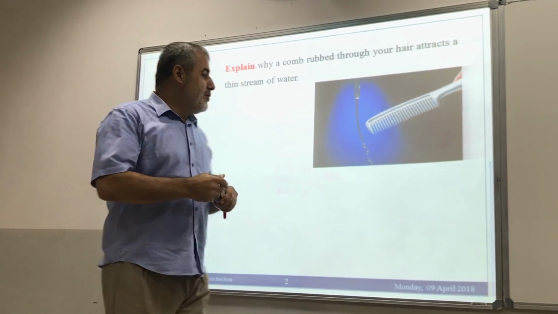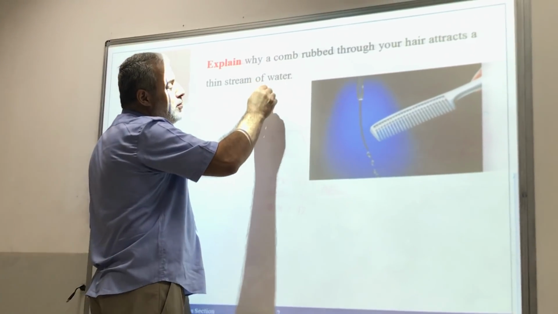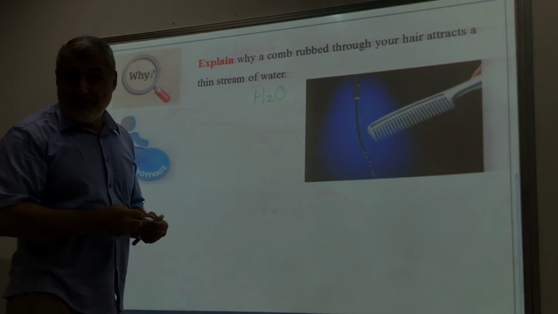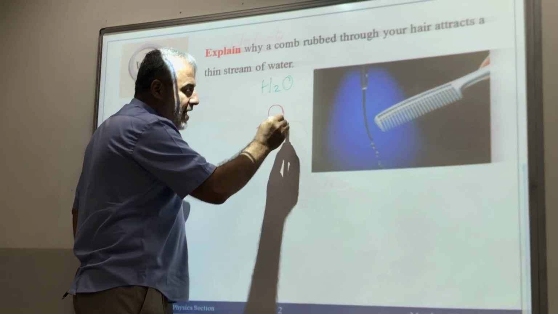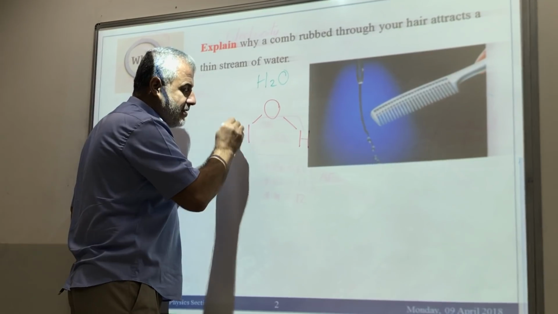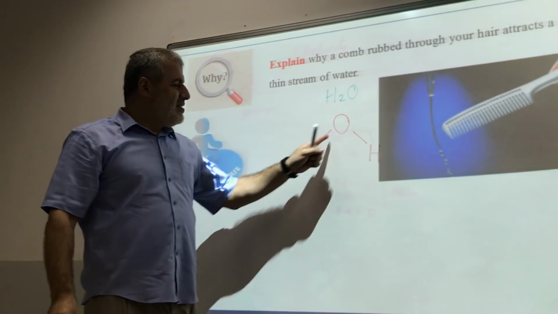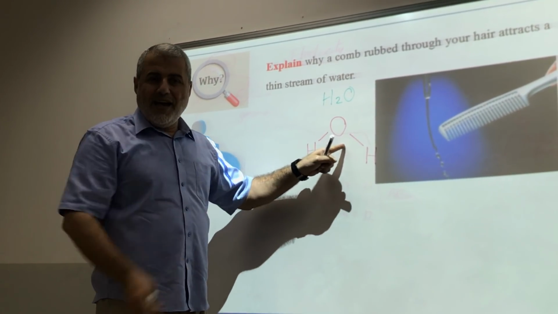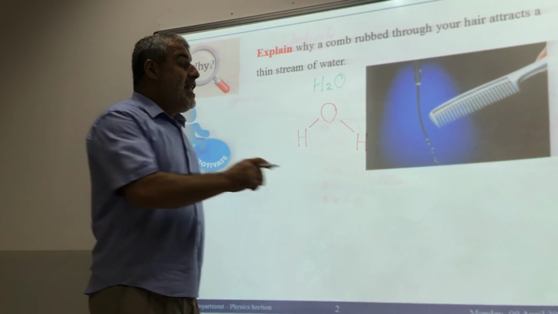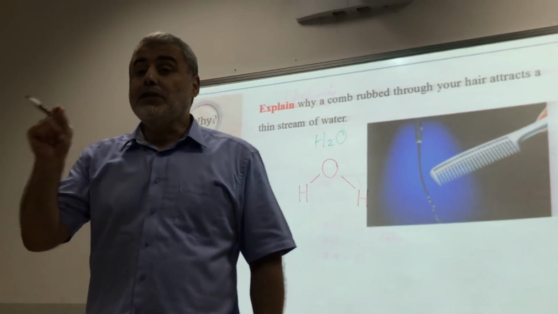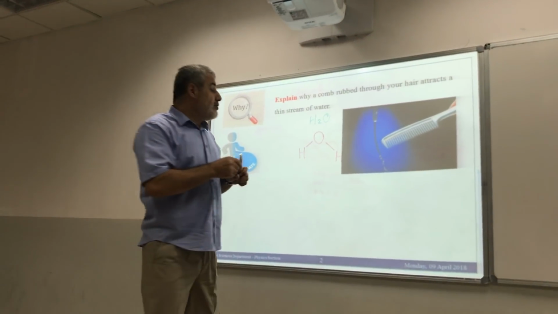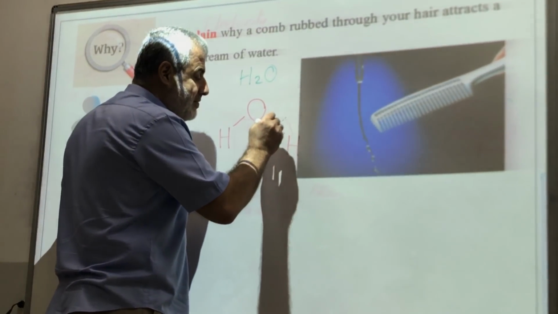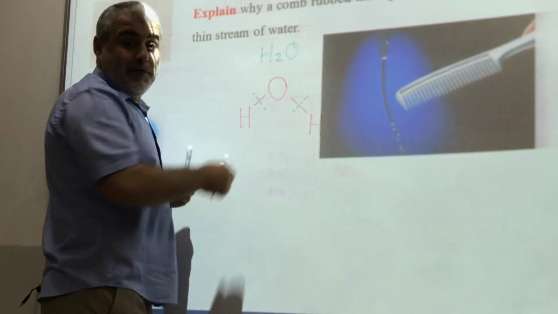You know, for example, that water is made of 2 hydrogen and 1 oxygen, right? Here, this is oxygen, and this is hydrogen. Pay attention, guys. There is some 104 degree angle, but I don't care about that now. We have something called electronegativity. The electrons normally will be at the center, between these bonds.